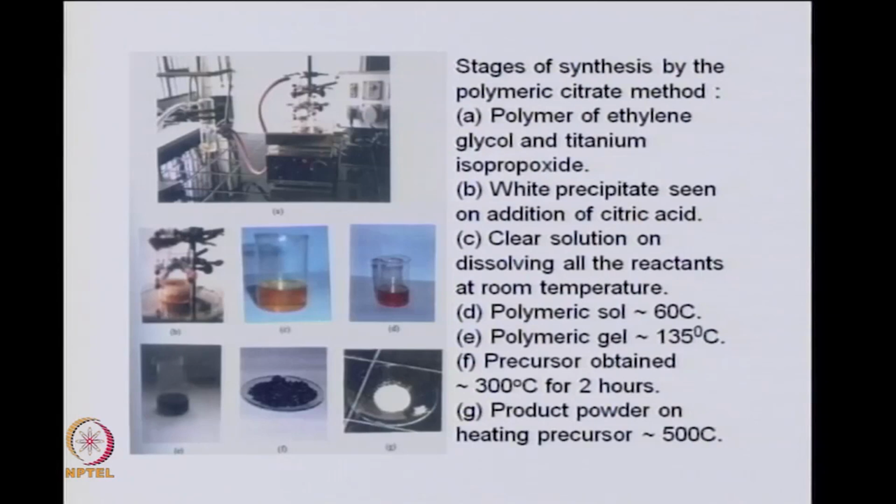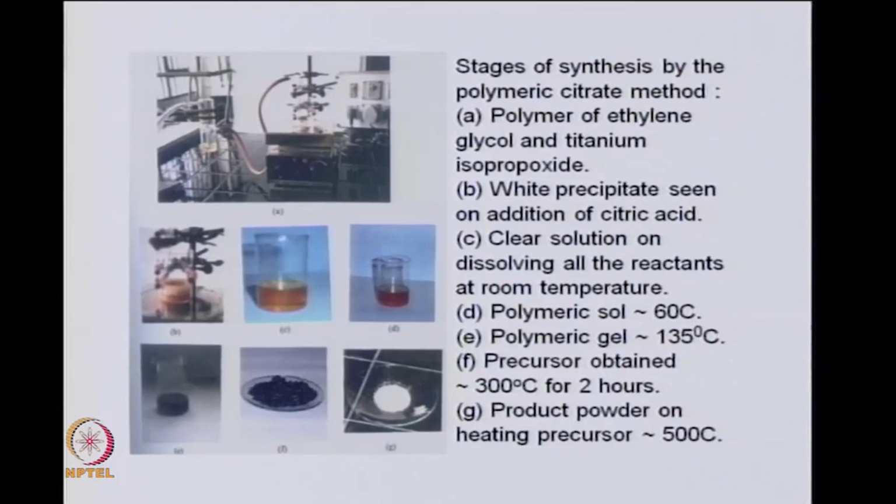This can be shown as various stages, for example, in the polymeric citrate method, where we are going to make a nanostructured material through a route which involves polymerization, and hence it is called a polymeric method. It is called the polymeric citrate method because we are going to use citric acid which will help in polymerizing.